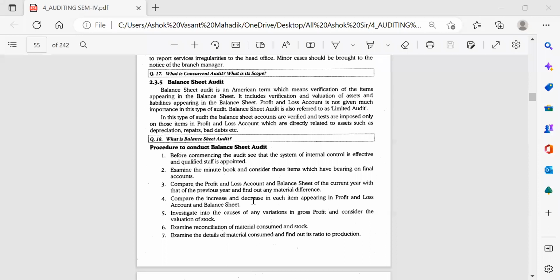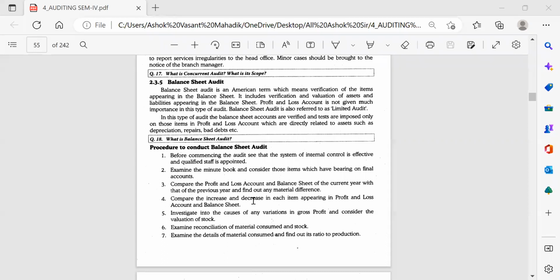Balance sheet audit is an American term, which means verification of the items appearing in the balance sheet. It includes verification and valuation of assets and liabilities appearing in the balance sheet. P&L account is not given much importance in this type of audit.